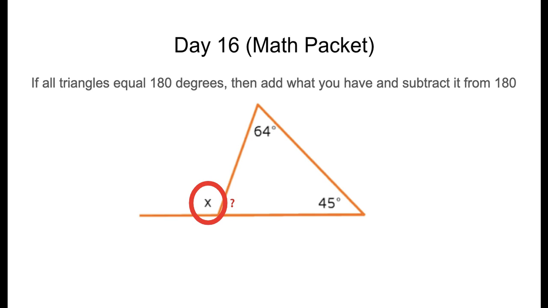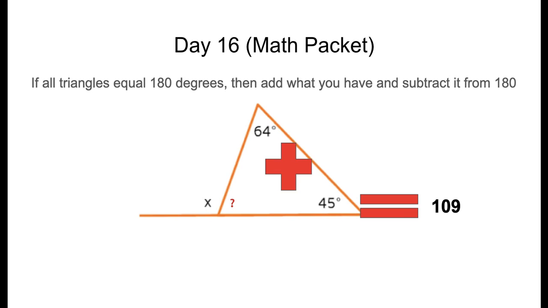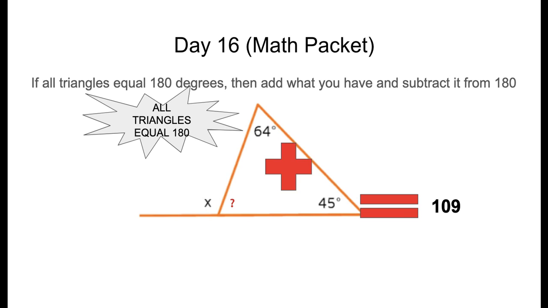We do this all the time. Part over whole. So we take 64 and we add it to 45 and we get 109. Now we want to remember that all triangles equal 180 degrees. So I'm going to take that part and take it from the whole. So 180 minus 109 equals 71.